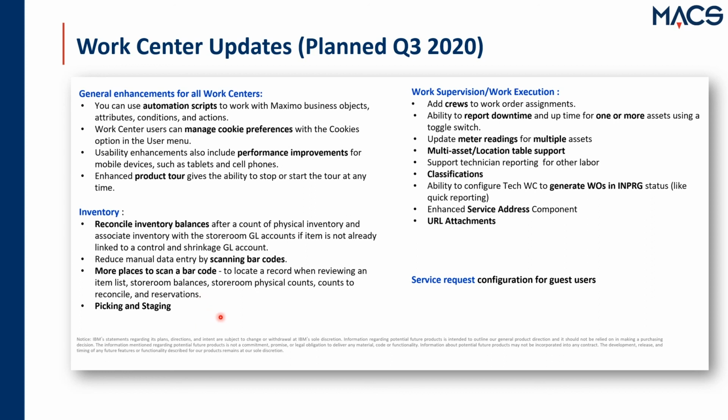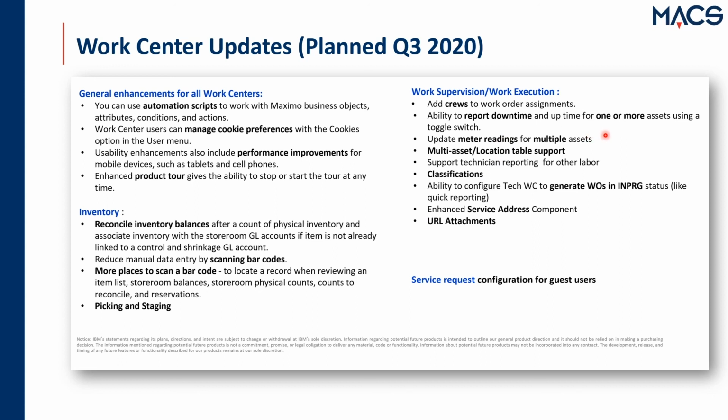And then on the right side, the work supervision and work execution work centers also get a lot of updates. For example, adding crews to work order assignments, and the ability to report downtime and uptime for one or more assets using a toggle switch.